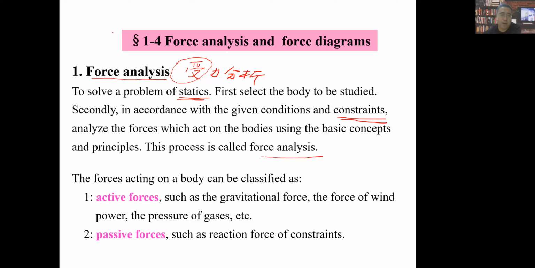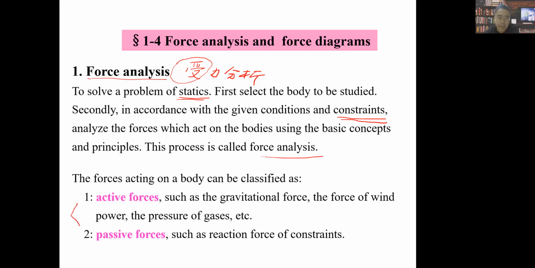So I hope you guys can listen to me very carefully and can grasp the basic knowledge point, how to do some simple force analysis problems, right? So before we do that, you should know this. The forces acting on a body or a body system can be classified as two categories.